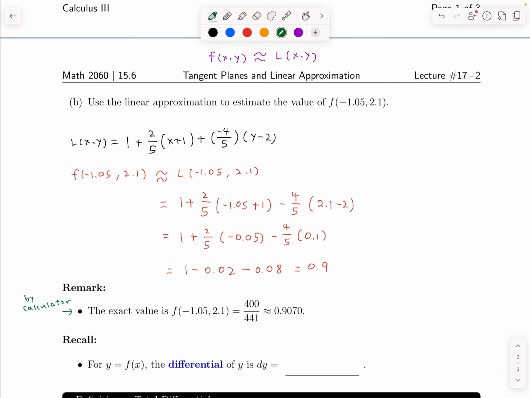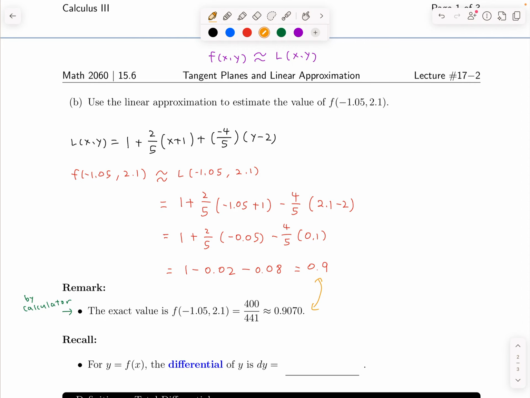And you can see how close these two values are. So I would say that our 0.9 is a very good approximation. Again, you just want to find the approximation. You don't really want to find the true value, because the z value on the surface and the z value on the tangent line will not be the same, except for the tangent point, of course.